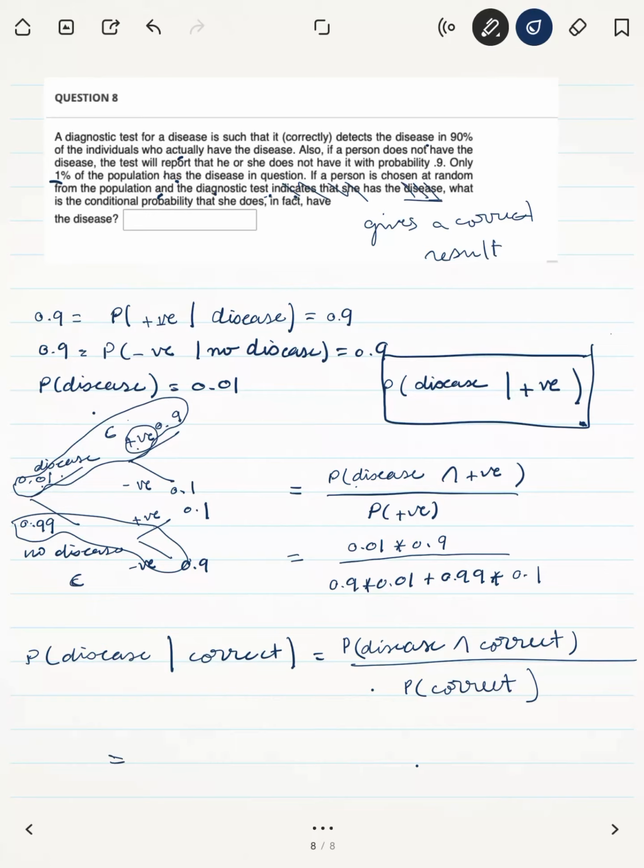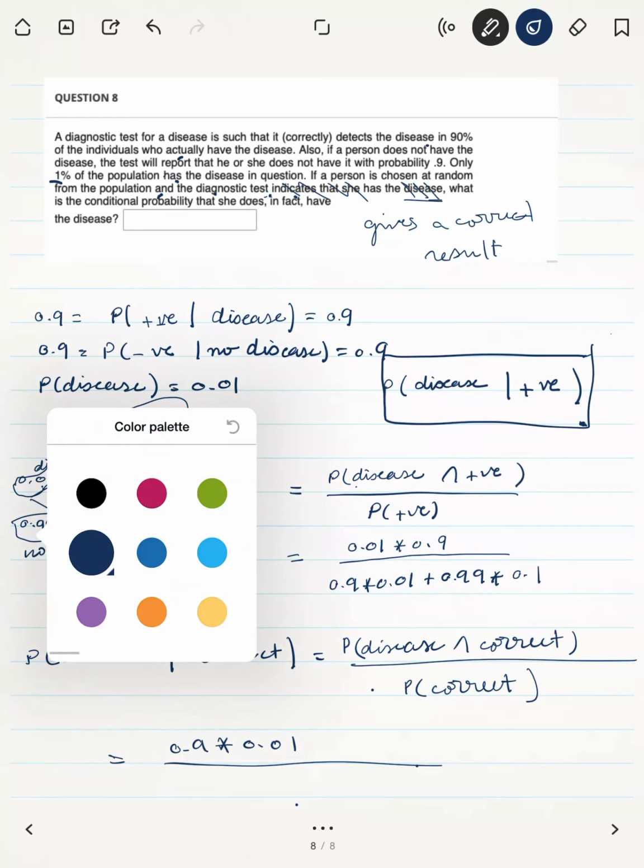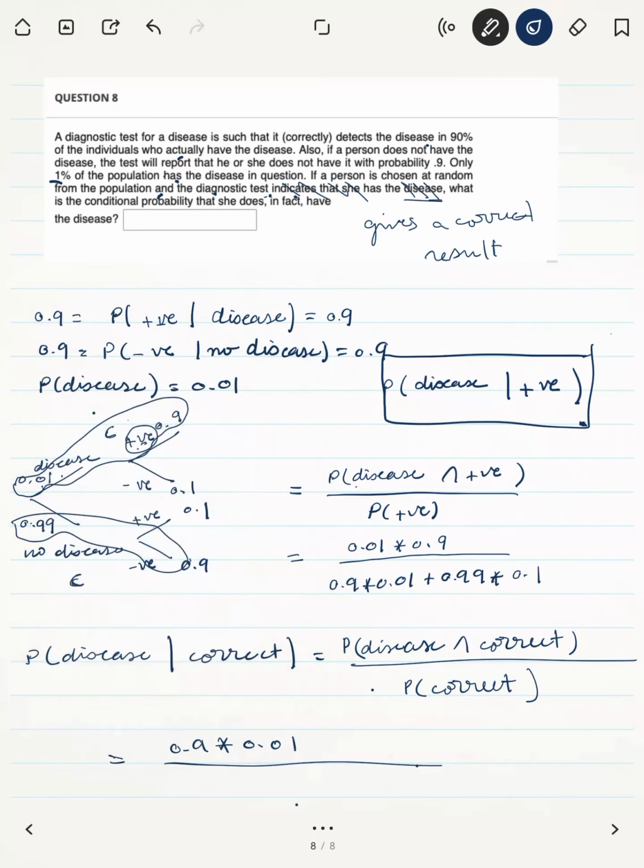Okay, disease and correct, so this means it's 0.9 times 0.01. Probability of correct in general: you have the disease and the result was correct, or you don't have the disease and the result was correct too. So it's 0.01 times 0.9, plus 0.99 times 0.9.